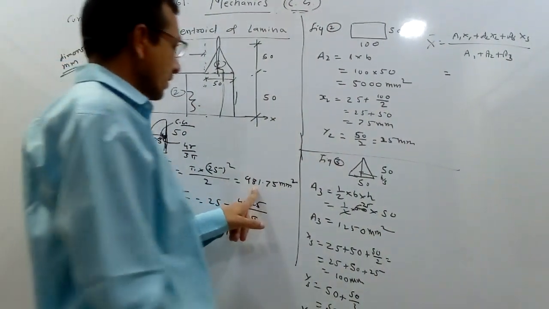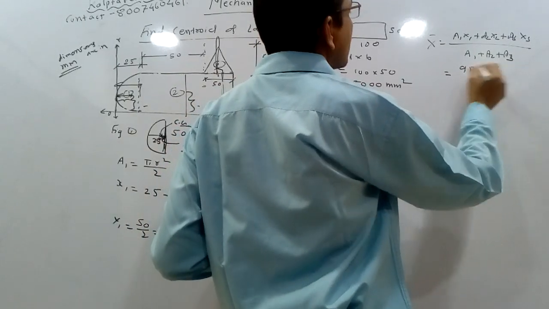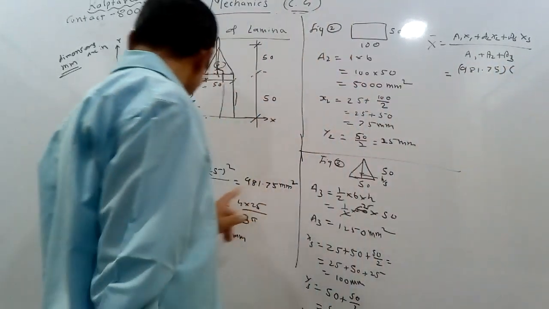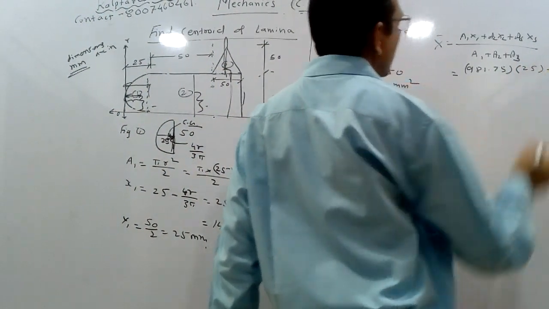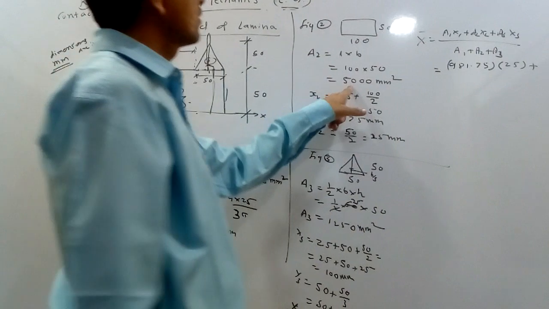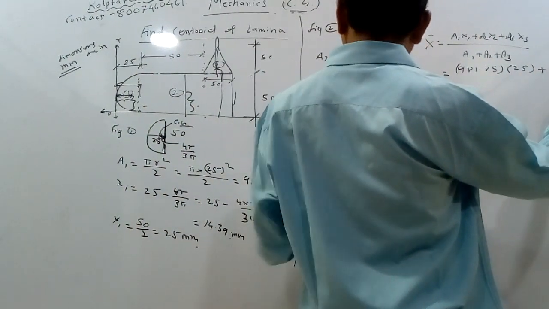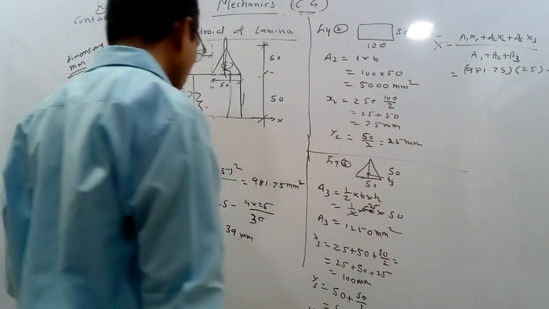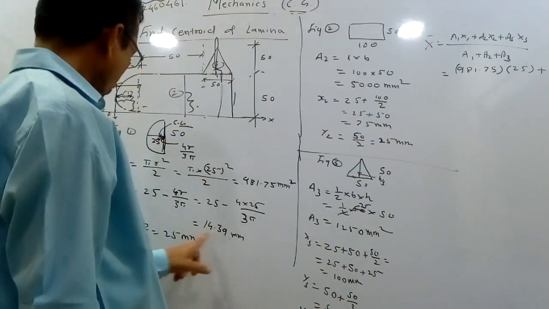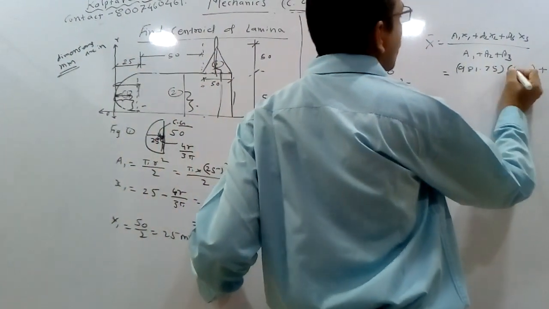A1 is 981.75 into what is the x1? 25. A1 x1 is 14.39. Extremely sorry, x1 is not 25, it is your y1.